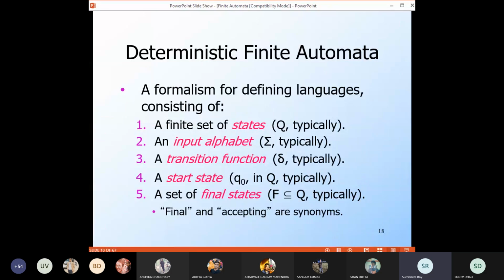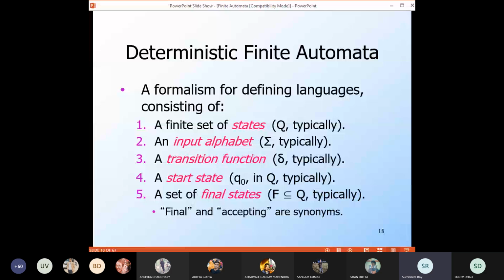Sigma, capital sigma, generally represents the input alphabet. Alphabet is a set of input characters, or the set of characters which make up the strings which this DFA tries to recognize. It acts as a recognizer or checker.